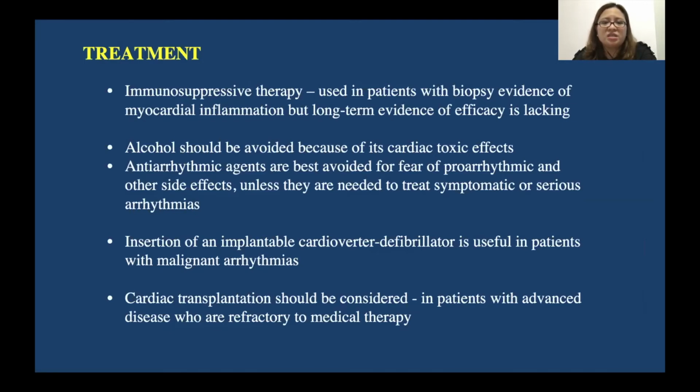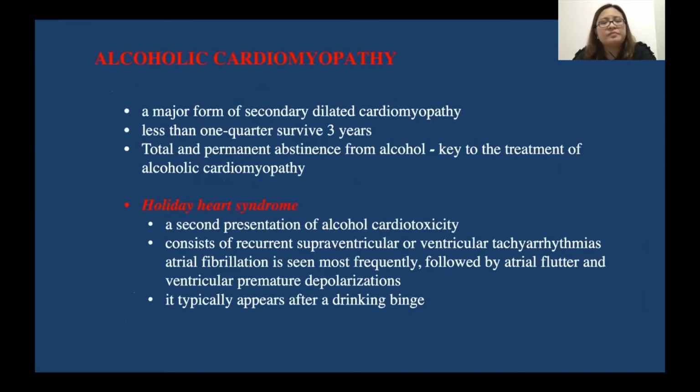Antiarrhythmic agents are best avoided because they can also be pro-arrhythmic, and are only reserved to treat symptomatic or serious arrhythmias. Insertion of an ICD is useful in patients with malignant arrhythmias, and you can consider cardiac transplantation for those with advanced disease or those who are refractory to medical therapy.